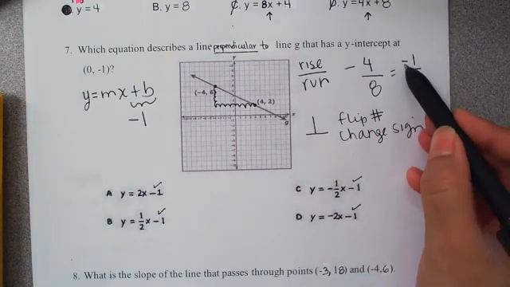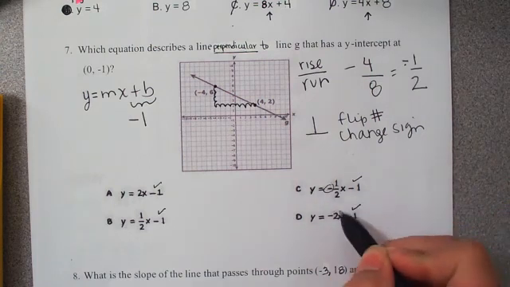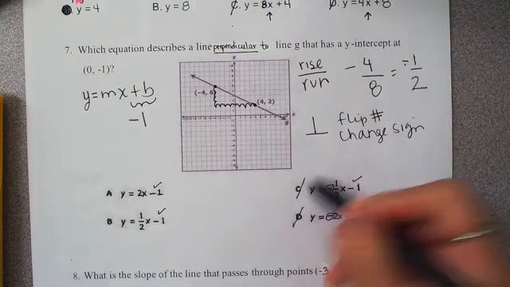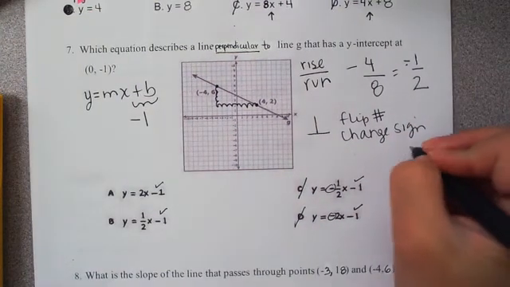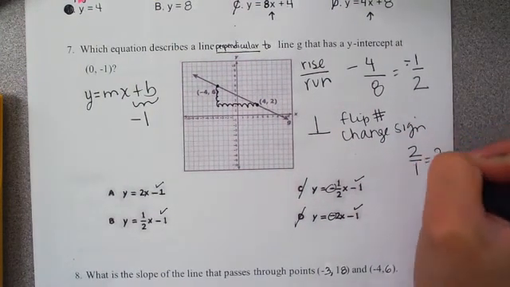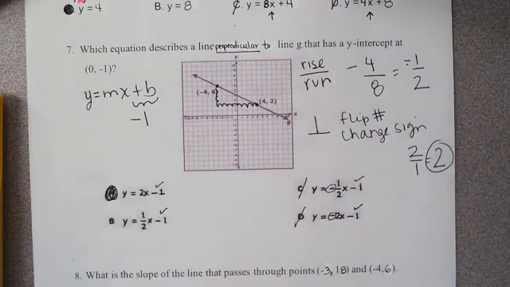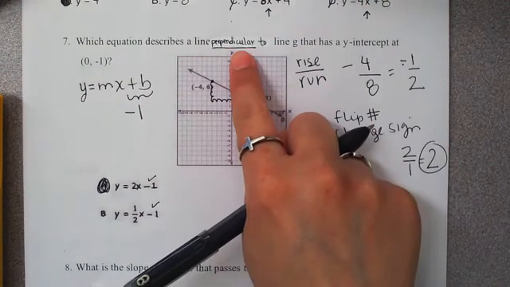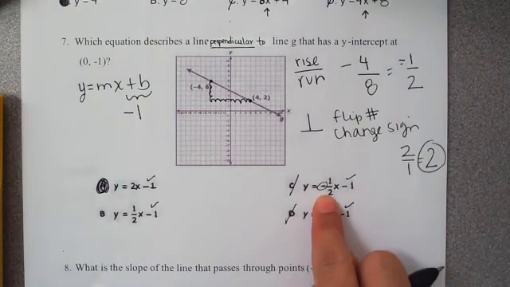Perpendicular means that you've got to flip your numbers and change the sign. So if I change my sign, it's going to become positive. So then there goes any answer that has a negative slope, because I needed to change the sign. It's going to be positive. And I got to flip my numbers, so now I'm going to have 2 over 1, which is just 2. So the answer is A.